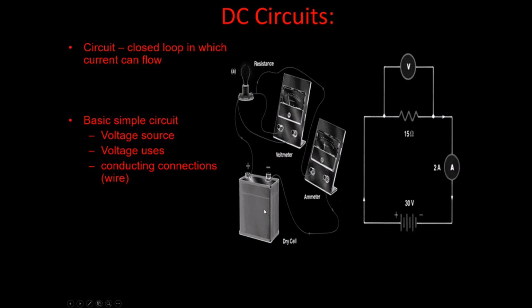If I say draw a diagram, I don't want this. I don't want to see a diagram that's a whole mess of wires with a couple of meters in it. A circuit diagram looks like this. And this is the kind of thing you need to learn to interpret, and the kind of thing you will see on exams and questions.